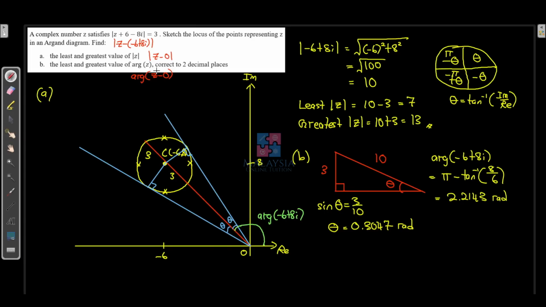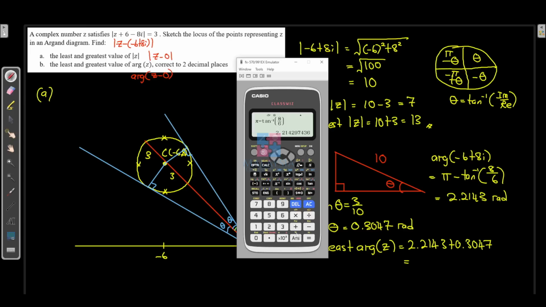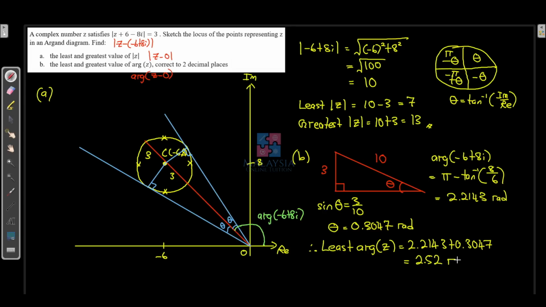So now for the answer. For the least argument z, we take 2.2143 plus 0.3047. So what do we get? 2.52, correct to 2 decimal places, radians. And then for the greatest argument z, we take the same thing, 2.2143, but this time, wait, I just realized, least we minus, the greatest we plus.